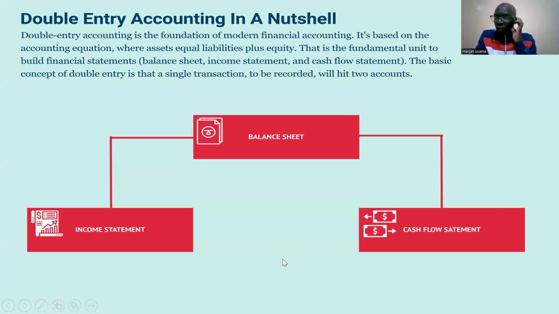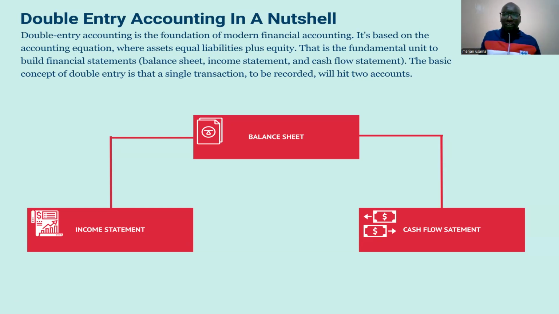Now, the double entry accounting is the foundation of accounting, as I told you. And it's based on the accounting equation where assets equal liabilities plus equity. That is the fundamental unit to building financial statements. And for the financial statements, you have the balance sheet, the income statement, and the cash flow statement.